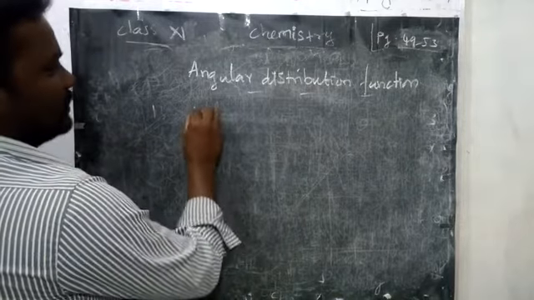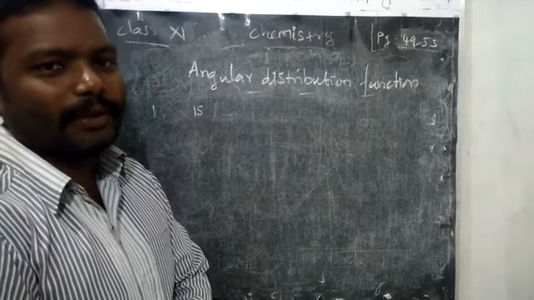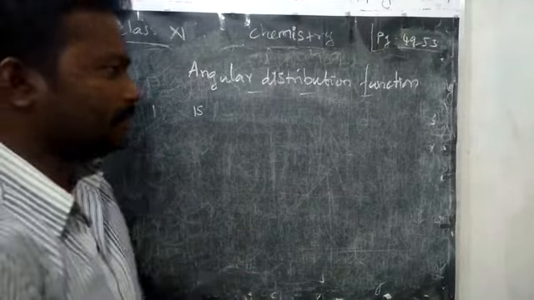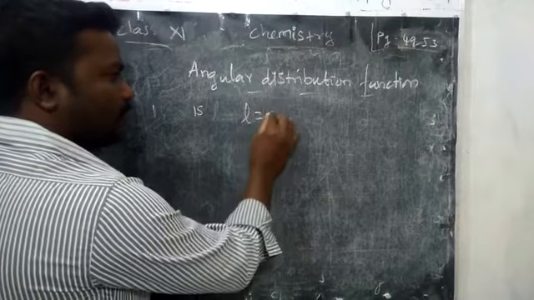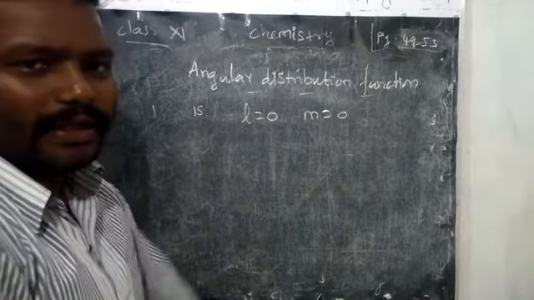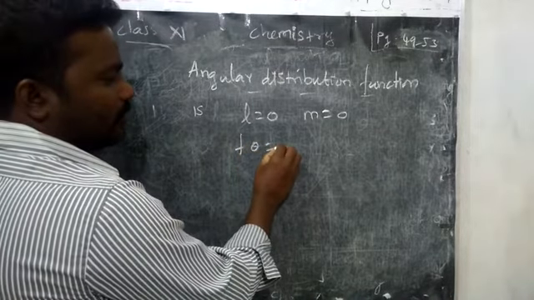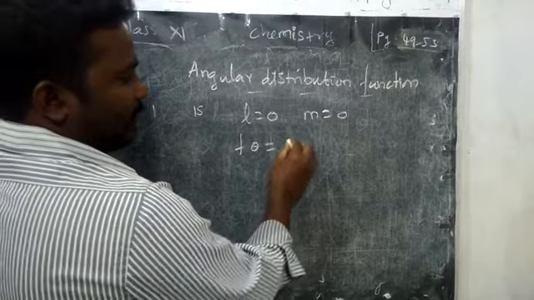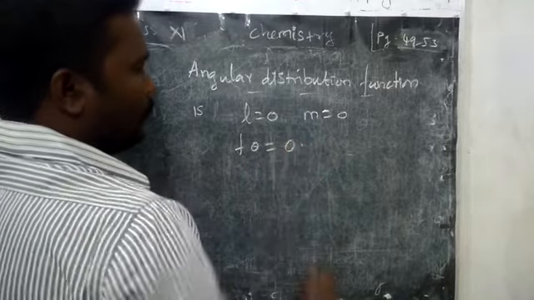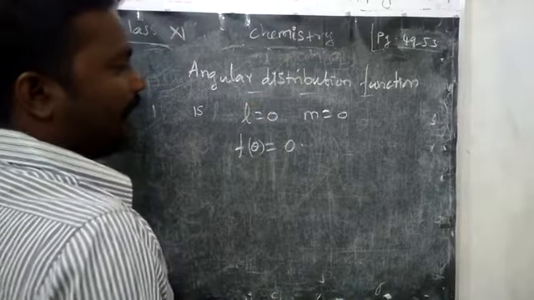For the 1s orbital, if you want to find the same by using the L value, how do you find it? L is equal to 0, so the M value becomes 0. If the M value is 0, what is the F theta value? That is nothing but 0. If the F theta value is 0, what will happen?